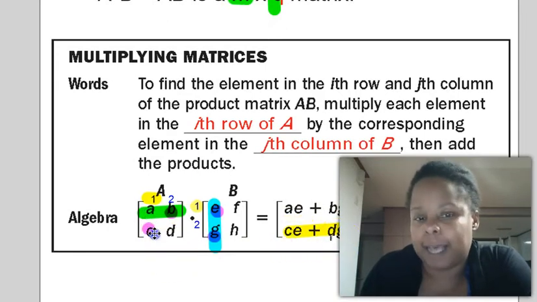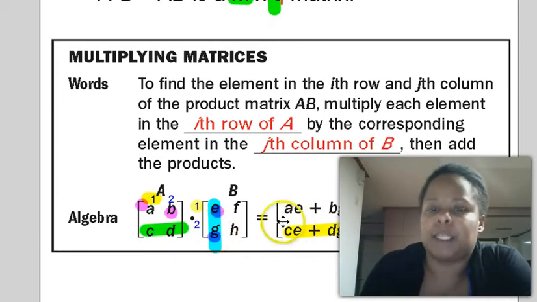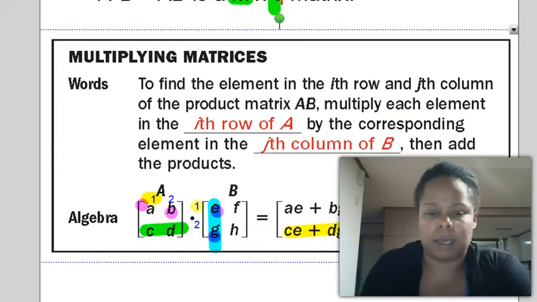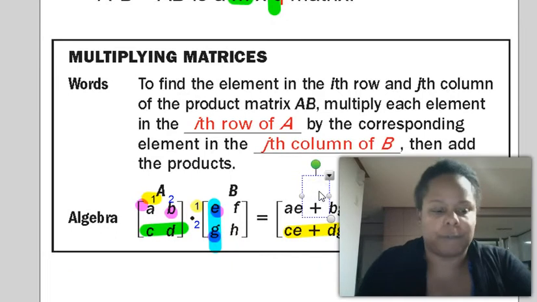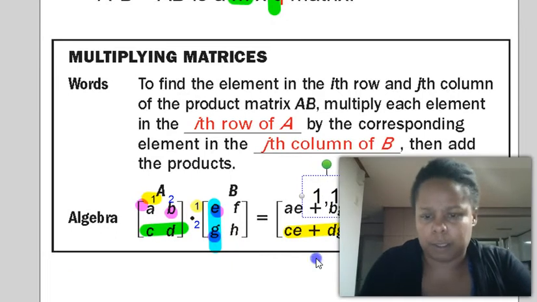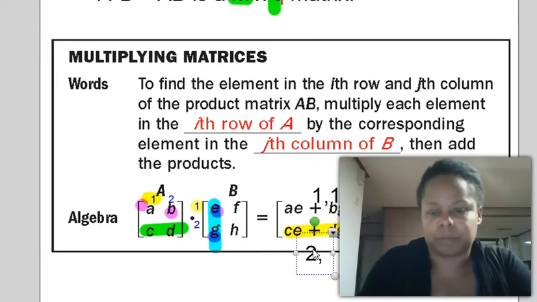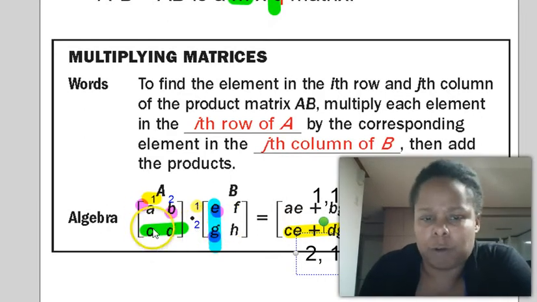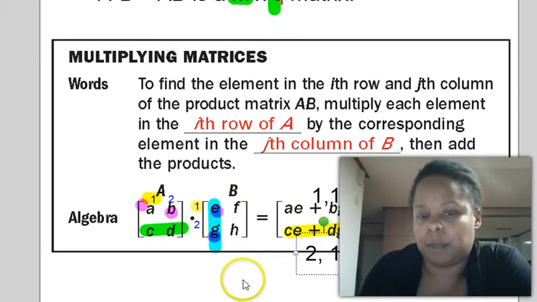So I use the second row of the first matrix times the first column of the second matrix. This one was the first row, first column. This one is the second row, first column. And that's why we use the second row and the first column.